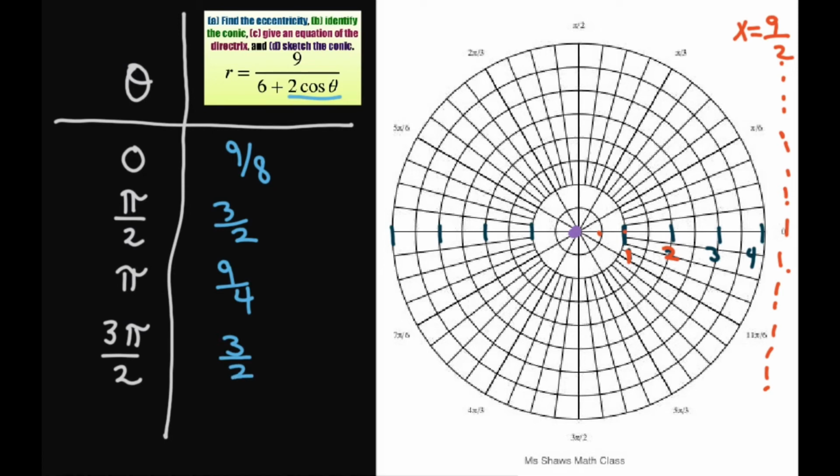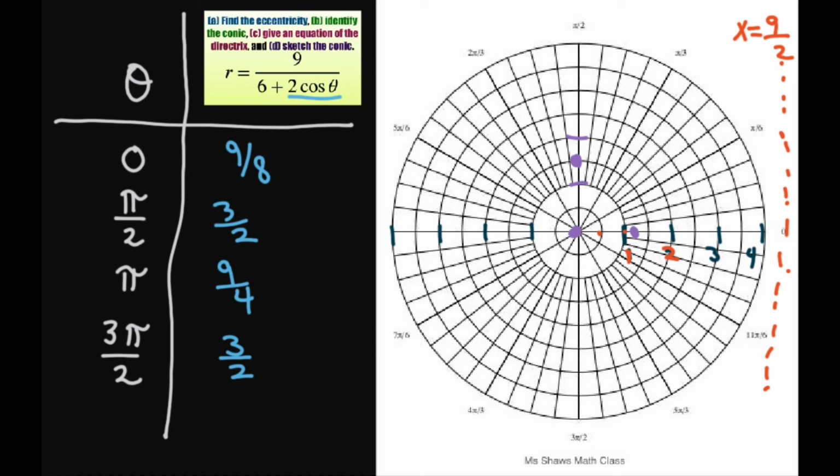So let's plot those points. At 0, we're at 9/8. It's a little bigger than 1. Again, it's just a sketch. At pi divided by 2, we're at 1 1/2. So there's 1, and this is 1, and this is 2. So this is 1 1/2. Make sure I did that right.